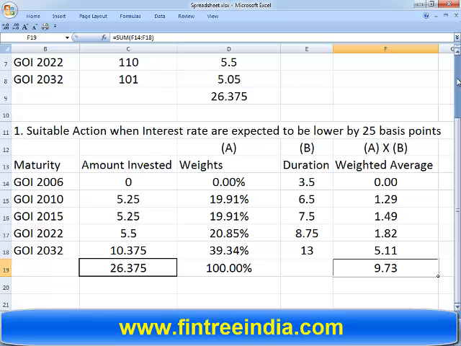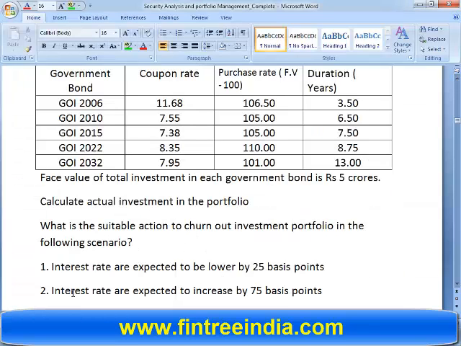Is it done? Yes, no. Okay. So the second part is now your assignment. What will you do when the interest rates are expected to increase? What should be done if interest rates are expected to increase?